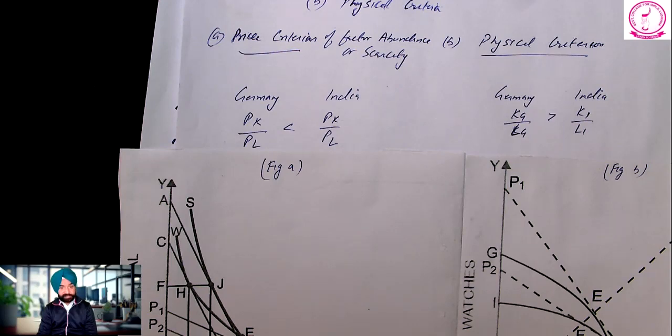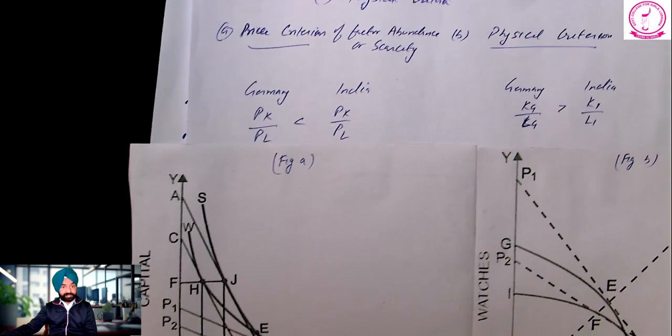It means the price of capital in Germany is less than in India. So this basically shows that the cost of production for capital will be lesser in Germany. So they will be hoping to produce more goods which use more capital. So this ratio is less than India's.